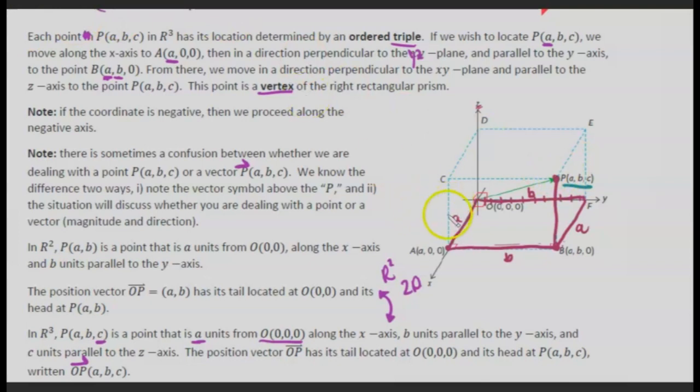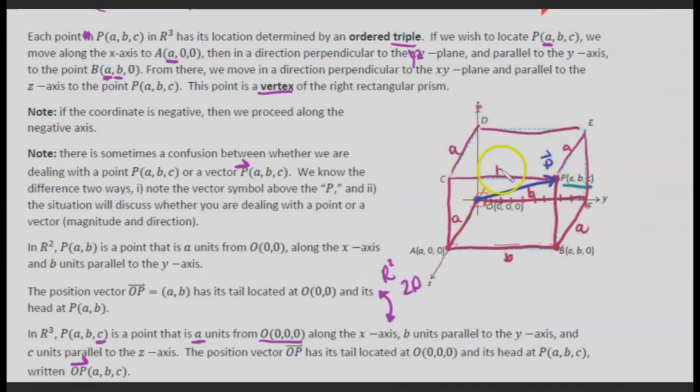So if we went C units in the Z direction, this is our endpoint. So we can clearly draw a vector from the origin to this endpoint, and that's going to be vector P. Okay, and I like to draw this complete box. I find it very, very helpful to show that we've gone A units back, so these are also A units long.